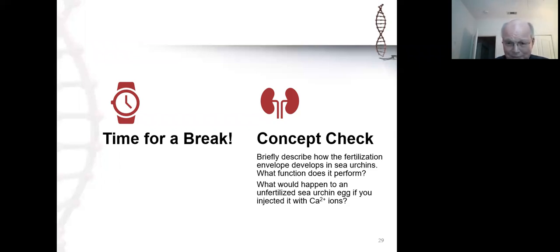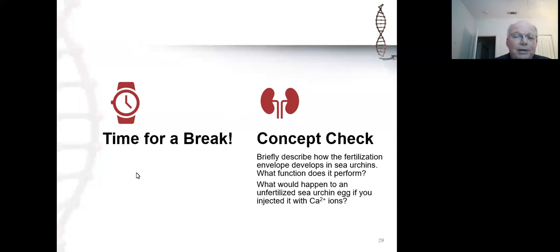We would see the formation of the fertilization envelope, but we would probably not see cell division because we only have a haploid egg, and we would probably not get development of the mitotic structure. So we wouldn't expect it to begin mitosis, but we would certainly expect to see it activated to undergo the early steps of fertilization and egg activation.